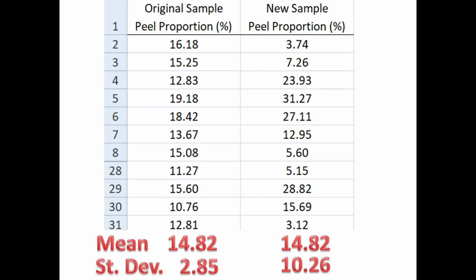Our original set of bananas had a standard deviation of 2.85. The new set of bananas had a standard deviation of 10.26. So 68% of the time, the actual peel proportion will be between 4.56 and 25.11. So using 14.82% won't tell you much at all.